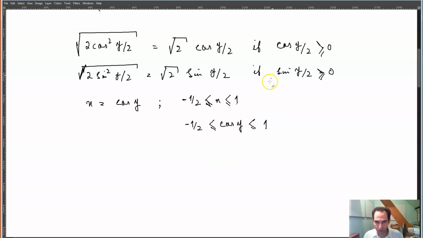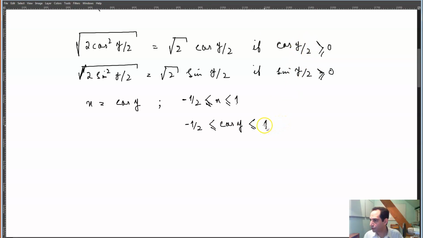Now, what I want to check here, if not cos of y, but if cos of y by 2 is greater than or equal to 0. So now I need to somehow make some changes to cos of y, so that it becomes cos of y divided by 2.